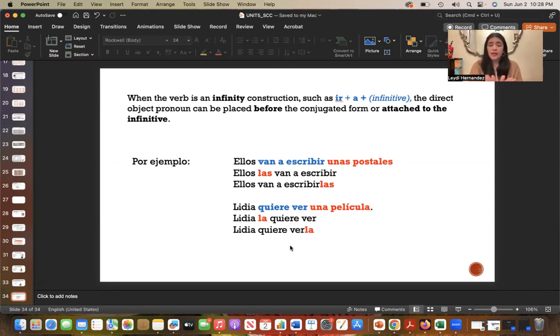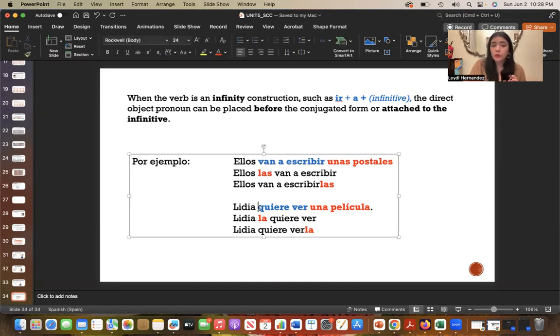Now, what if we want to make it negative? Well, we just place no right before the verb. Lidia no la quiere ver. Lidia no quiere verla. Or ellos no las van a escribir. Ellos no van a escribirlas.